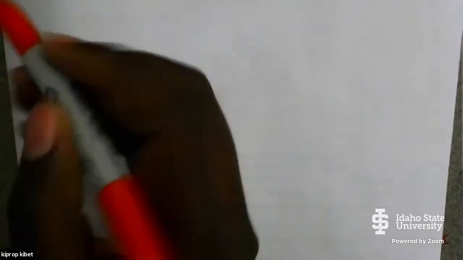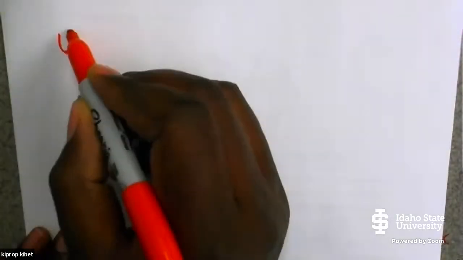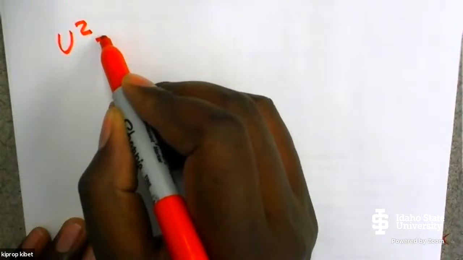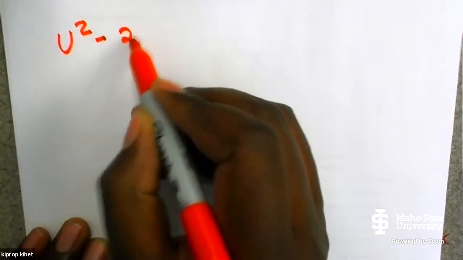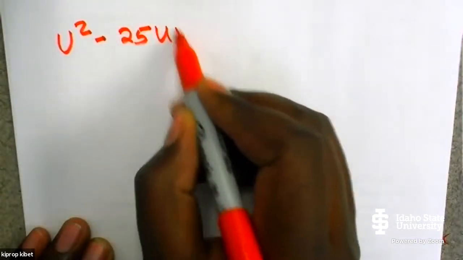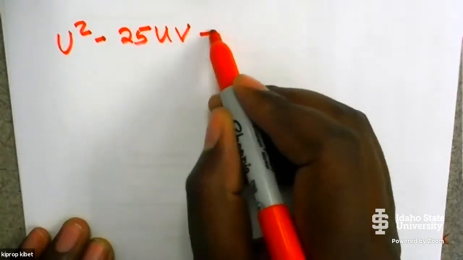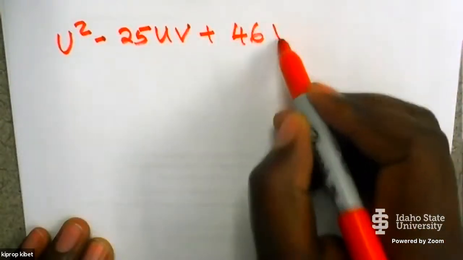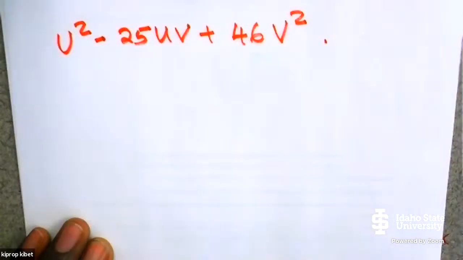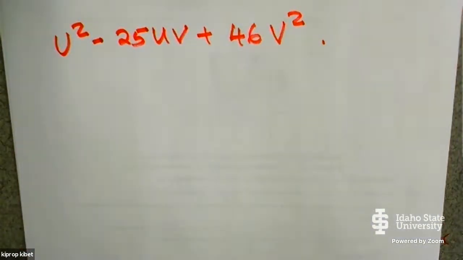Okay, example number 2. Now, if you have u squared minus 25uv plus 46v squared. So use u for this one.